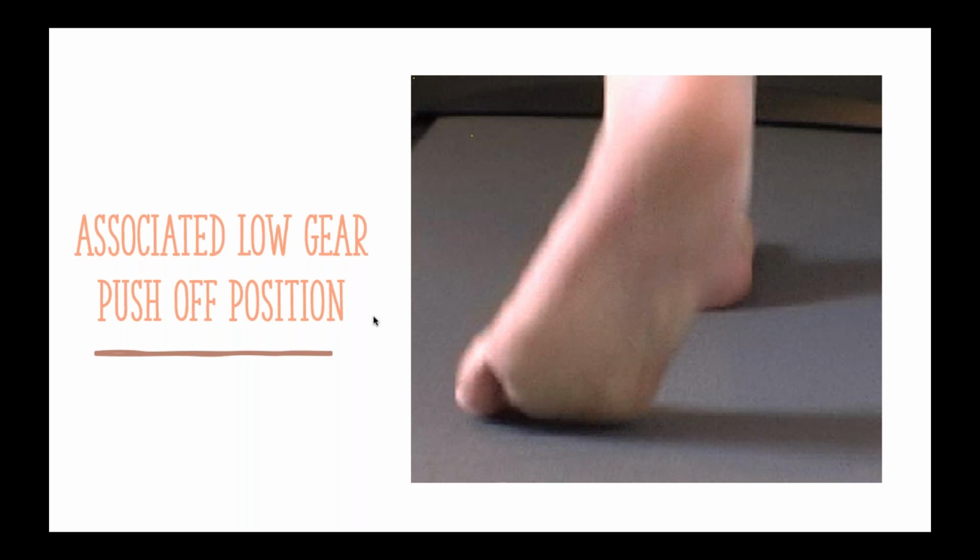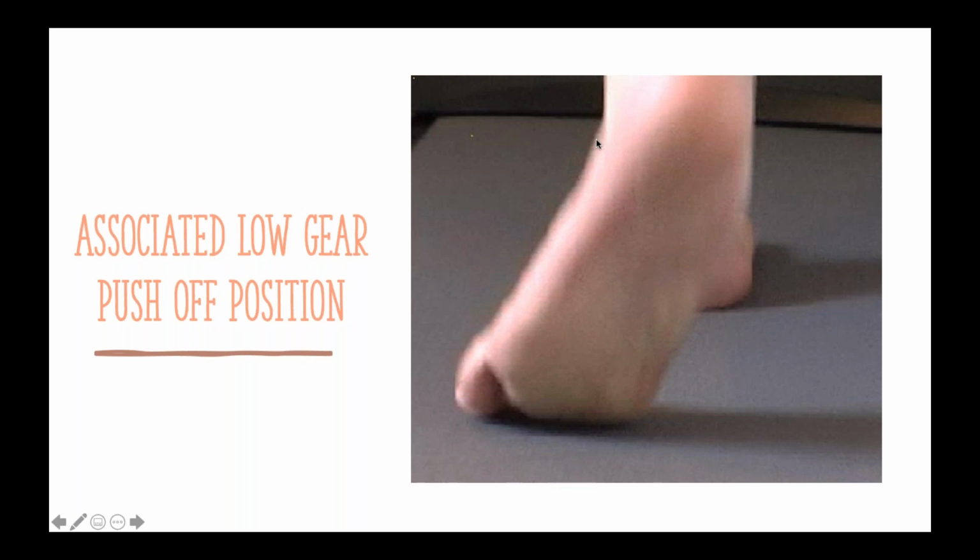Now what starts to happen is you go into a low gear push-off position. You can see in this picture that they're not going through the joint, they're going around the joint, around the toe. A low gear push-off position is considered a quote-unquote unlocked, unstable foot, which you do not want to push off of. That destabilizes not only the foot, but the ankle, the lower leg, the knee, the hip, the back, and then it creates an energy leak all the way up into the glutes.